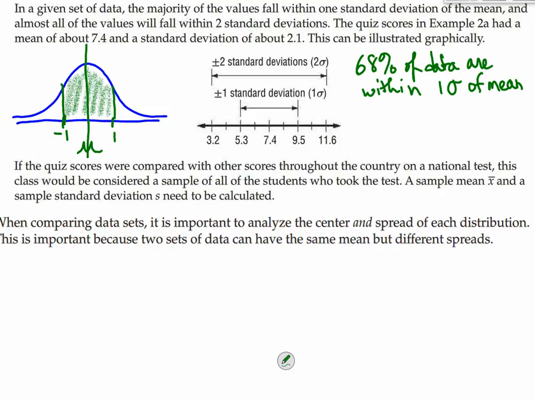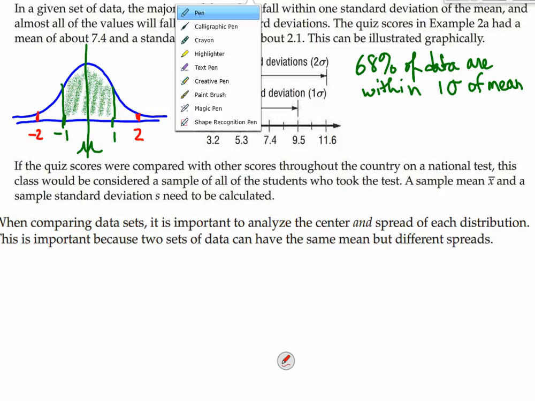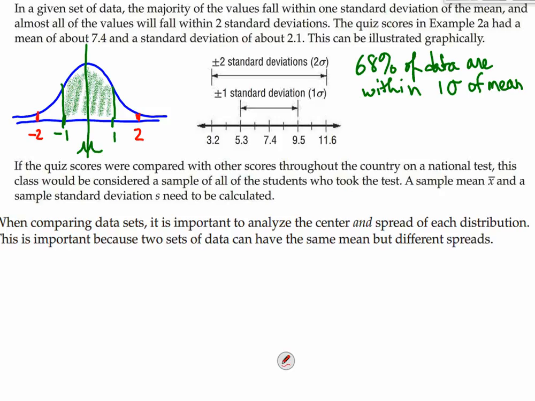Then within two standard deviations of the mean, if I go out here at -2 or +2, so this whole thing right there, is 95% of the data. 95% of our data are within two standard deviations of the mean.